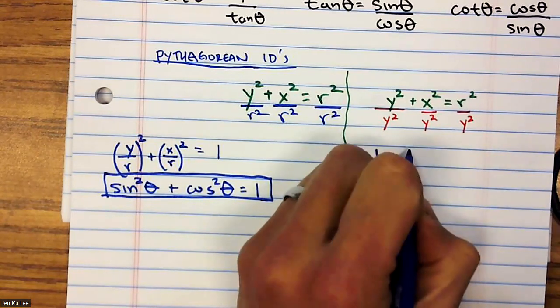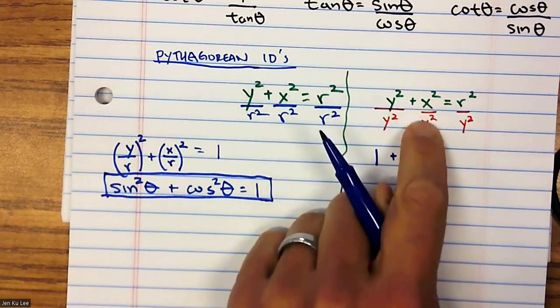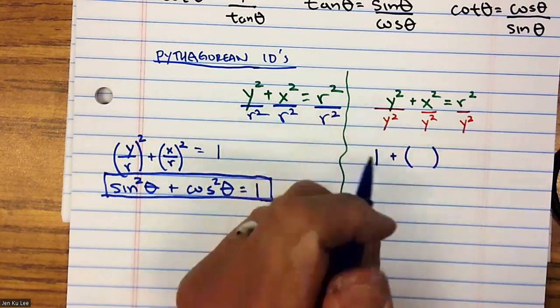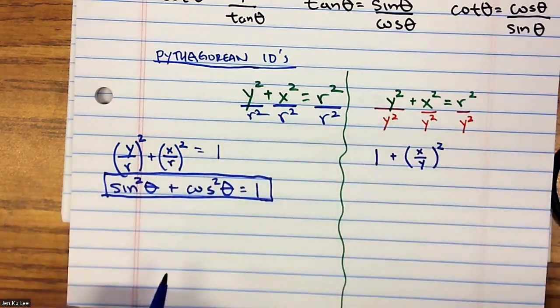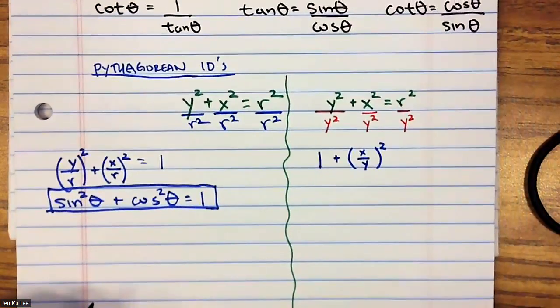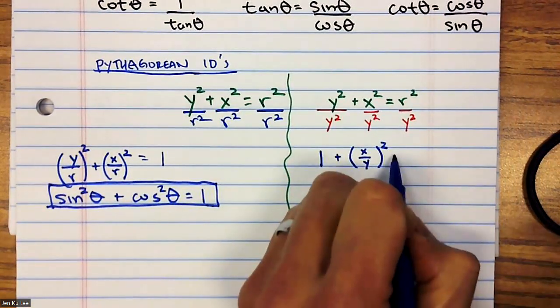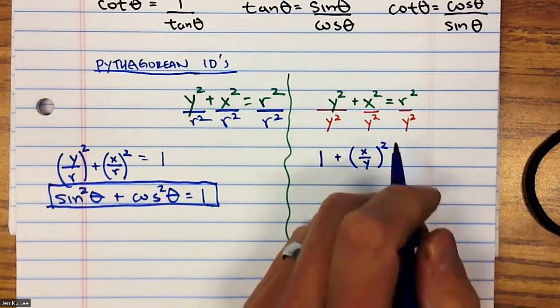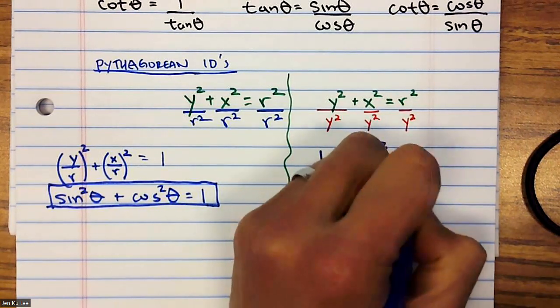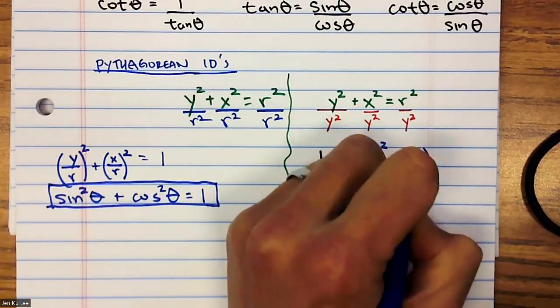And again, I'm going to rewrite x squared over y squared as x over y quantity squared. And then r squared over y squared, that's r over y quantity squared.